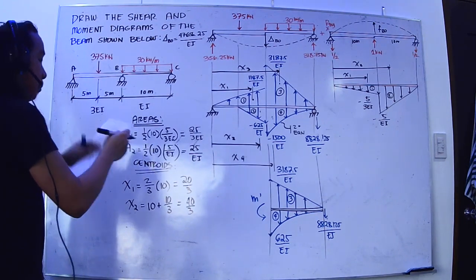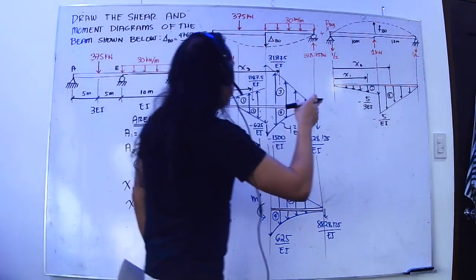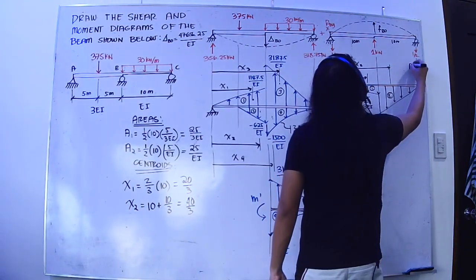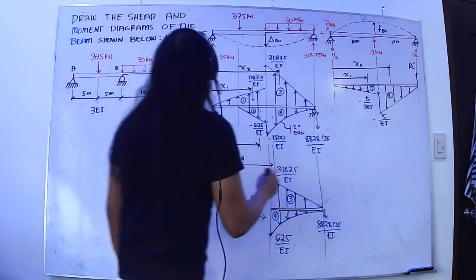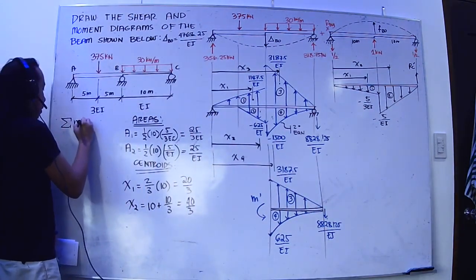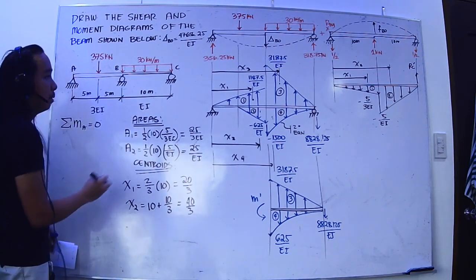Okay, now I would like to solve for the reaction. I don't know what this is, so I'll just call this RC prime. So, summing up moments at A equal to 0.